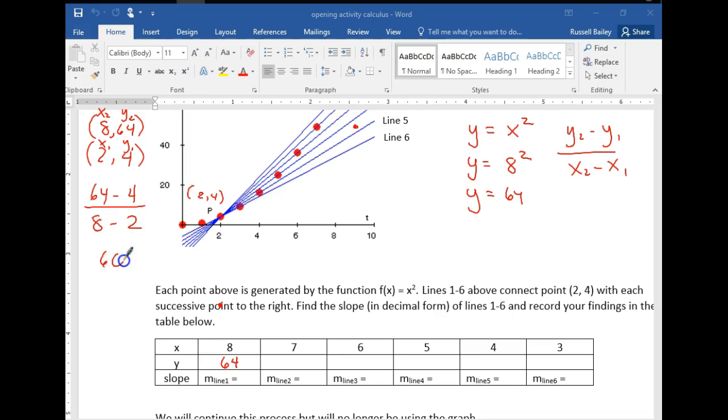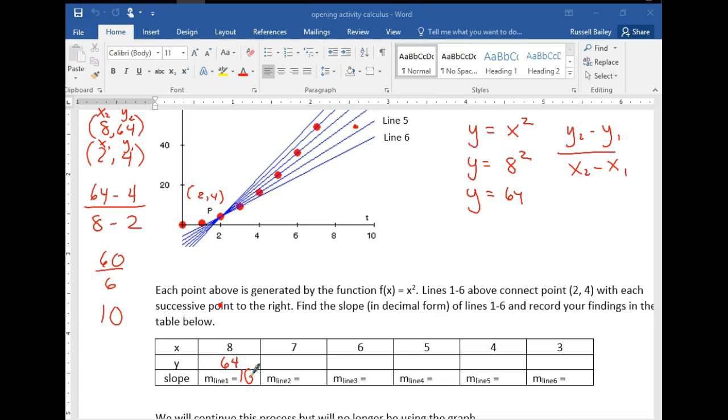That's going to give me 60 over 6, which is 10. That's my slope. So basically, you guys need to find your y value, and then take that point and find the slope between that point and (2, 4), because all these lines are connecting to this point.